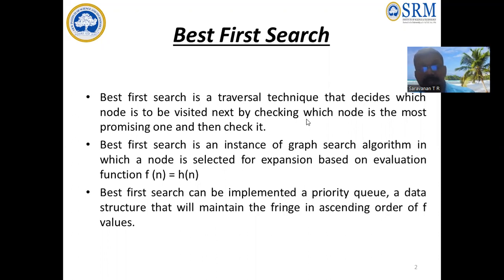Everything is decided based upon the heuristic function. So f of n equals h of n. We implement it using a priority queue, and we maintain a fringe in ascending order of f values.